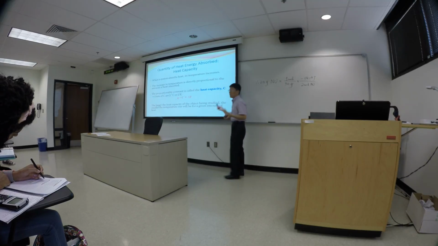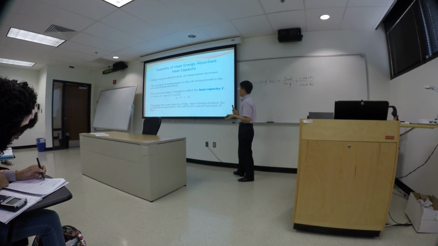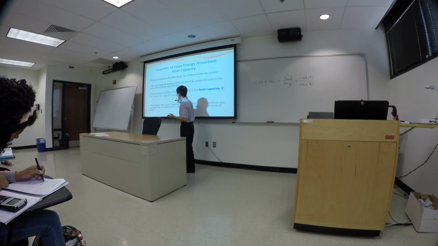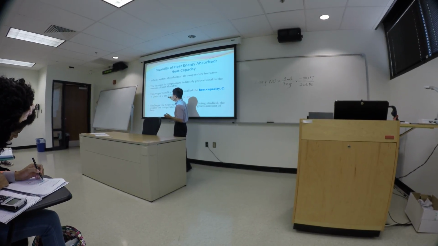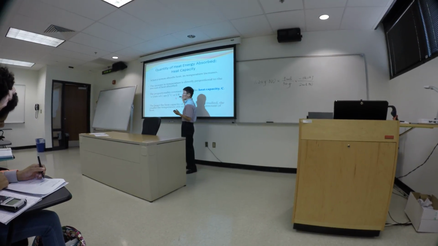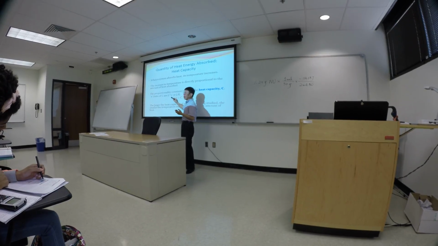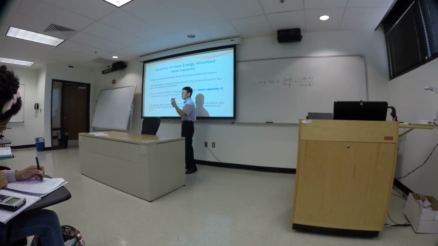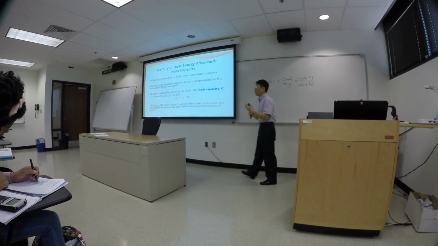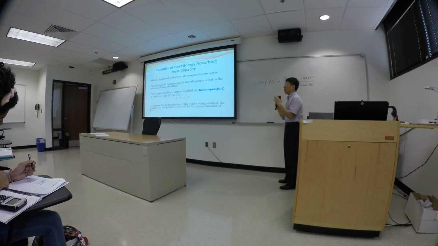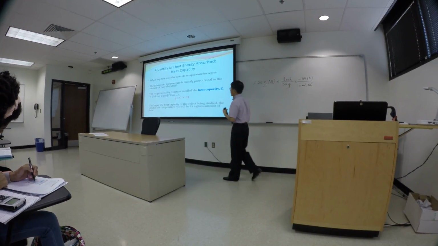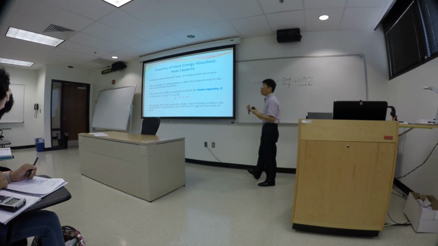C is what we call heat capacity. The heat capacity has a unit of joule per degree Celsius or joule per Kelvin. In this case, we can use either Celsius or Kelvin because they have the same scale. 1 degree Celsius equals 1 Kelvin.